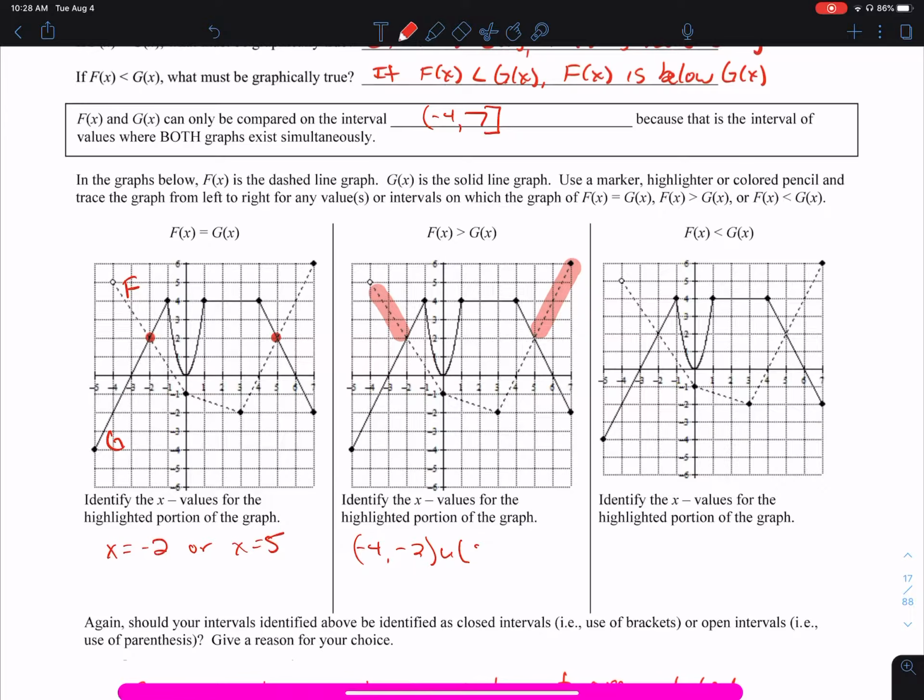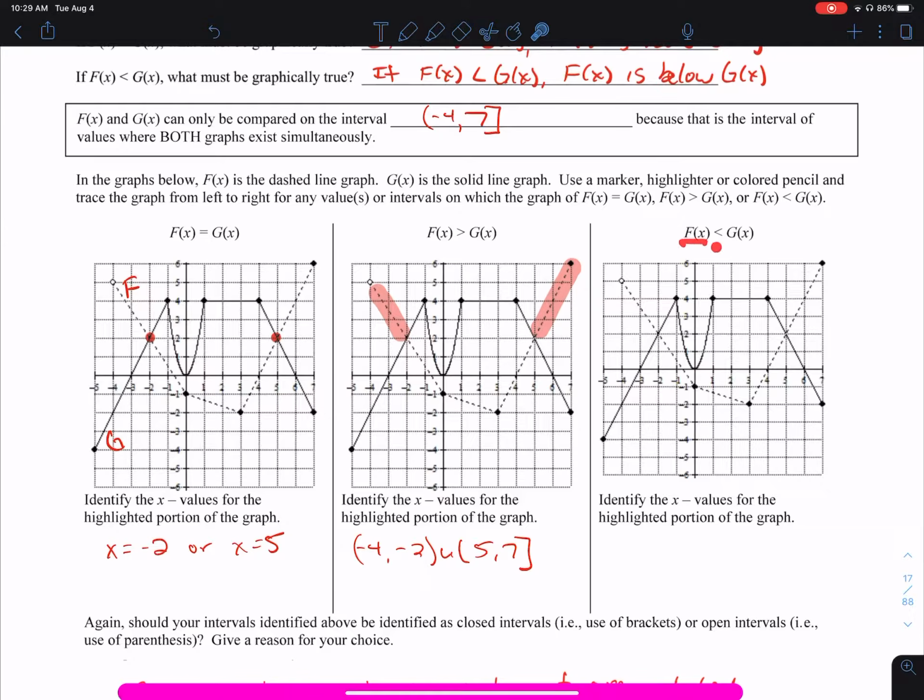And then goes from 5 to 7. 5 not inclusive, but 7 is inclusive. 7 is inclusive because it's a solid dot that's clearly above. 5 is not included because they're equal. -2 is not included because they're equal. -4 is not included because it's an open circle.